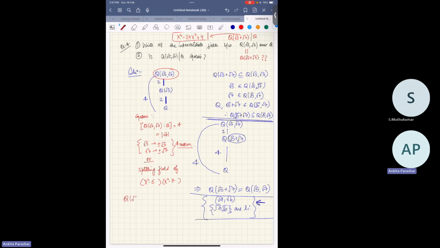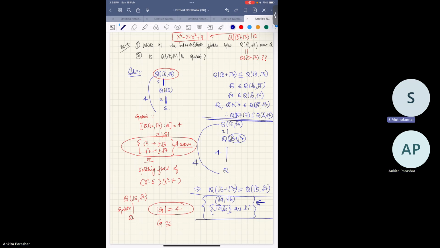For this extension, this is Galois we know. What is the Galois group? Look at the automorphisms, look at their order, and look at the group order. The possibilities are Z4, the cyclic group of order 4, or the Klein 4 group, Z2 cross Z2.